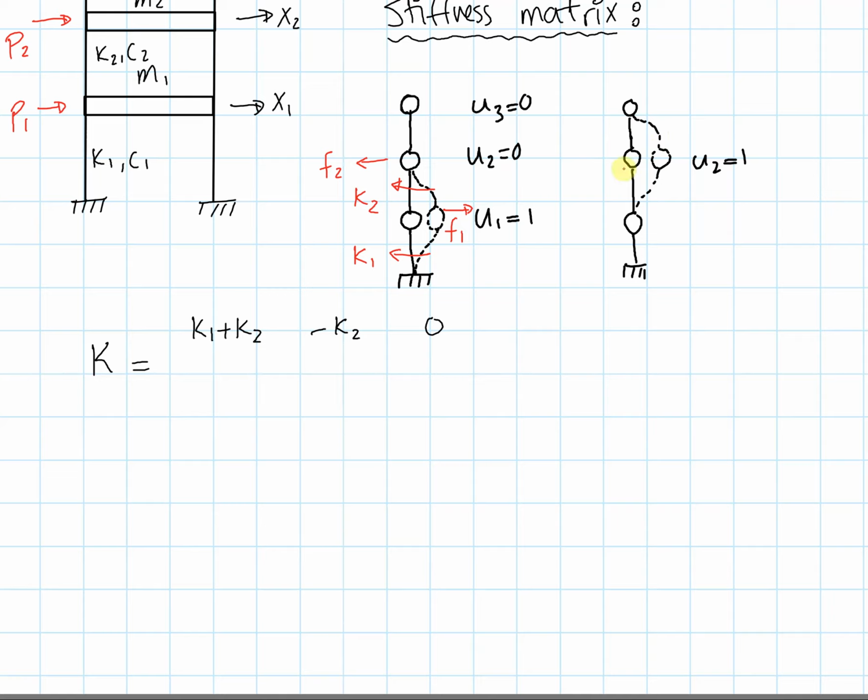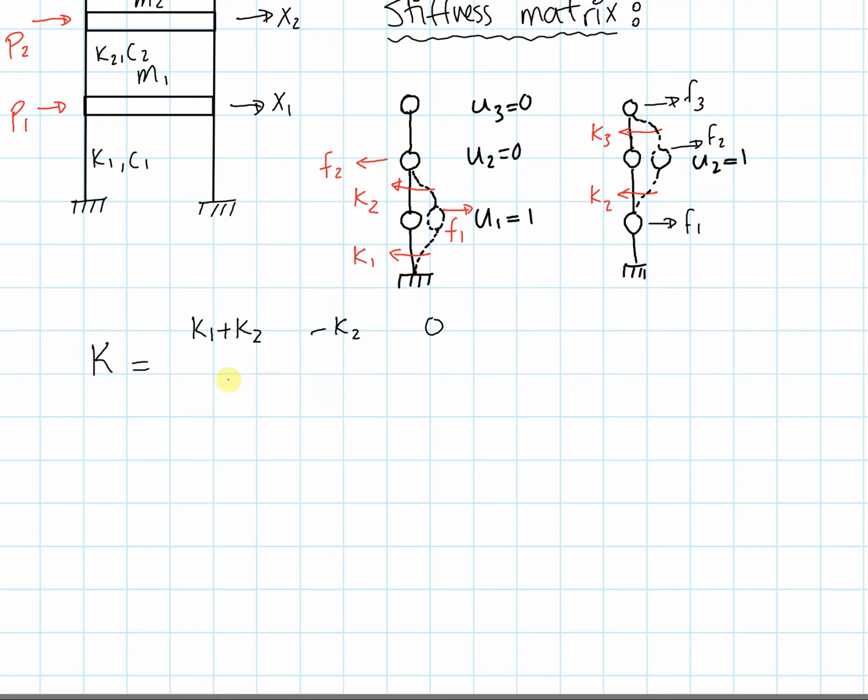And this time I'm going to have K2, and I'm going to have K3. And so the forces that I'm getting at the locations of the degrees of freedom are as follows. I've got my F1, I've got my F2, and I've got my F3.